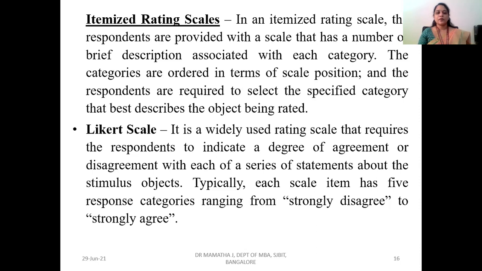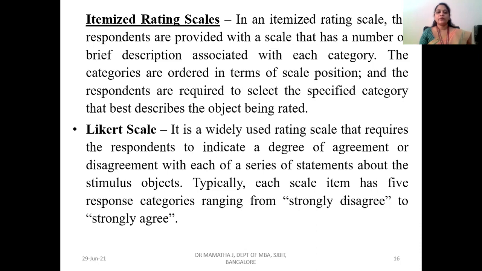In the Likert scale you have a list of statements, and these statements are called items. That is the reason this is called an itemized rating scale. Each item describes a particular object. You will have a number of statements related to your research problem, and each item will be rated against some scale. So that is the Likert scale.